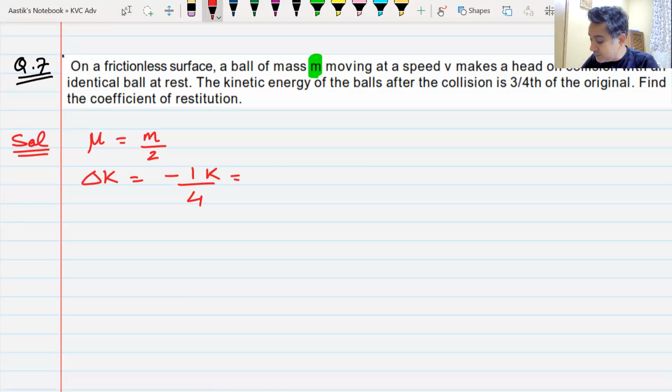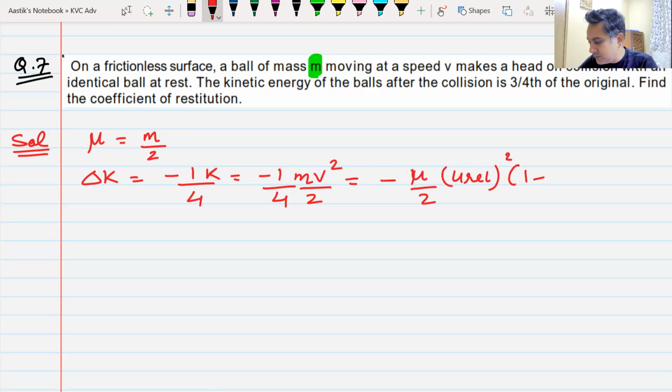And this K is nothing but, only one ball was moving, so minus 1 by 4 times mv square by 2. We got this. That should be equal to the formula minus mu by 2 times u relative square times (1 minus e square). The 2 goes away, the minus goes away.